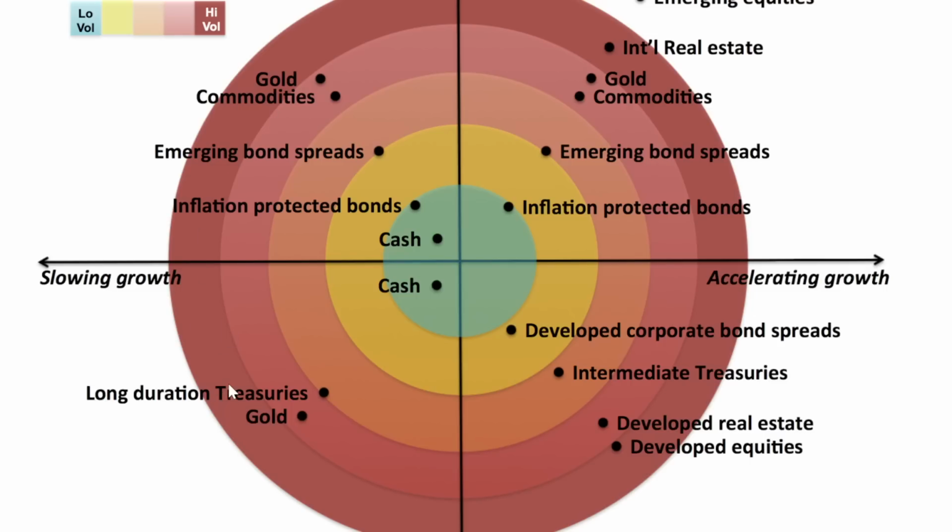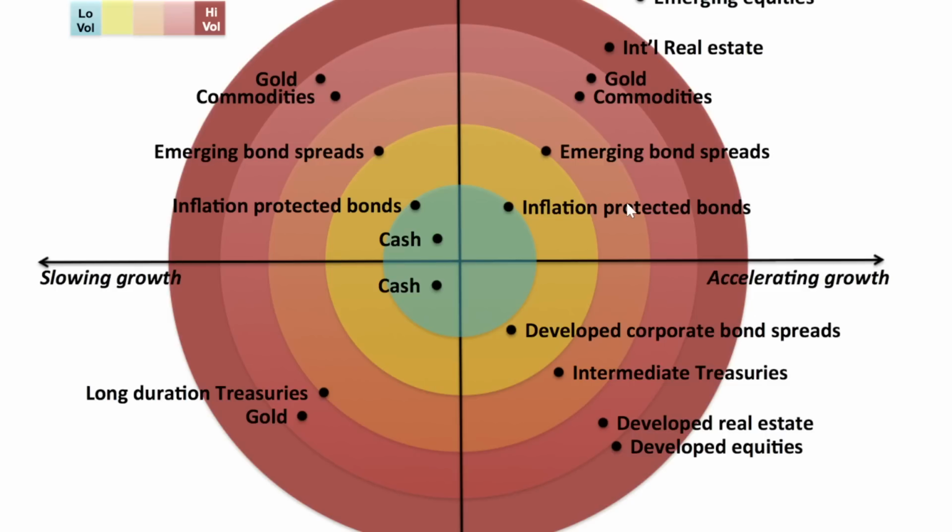So if you were to look at how they labeled what does well, in a recession, you want long duration treasuries and gold. You want to buy that at the top here as it crashes back down. If you go into the recovery phase, developed real estate, developed equities, intermediate treasuries, developed corporate bond spreads, that's what does well at the bottom of kind of a recovery phase.